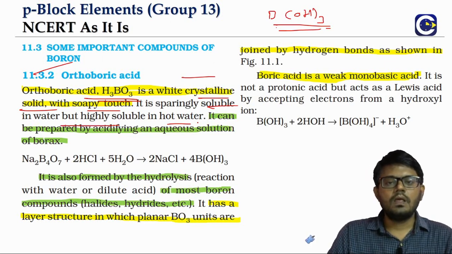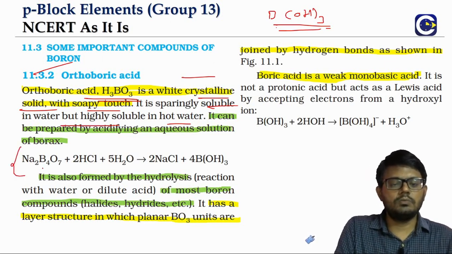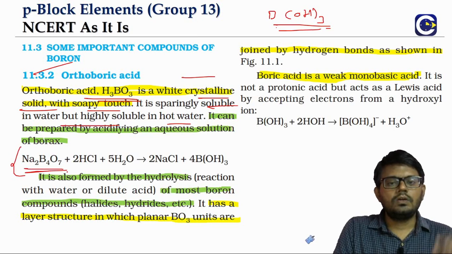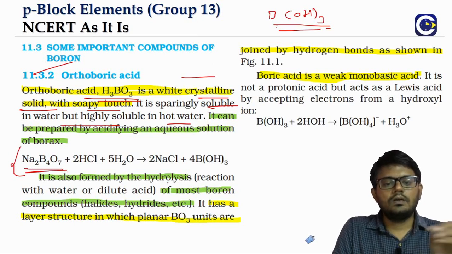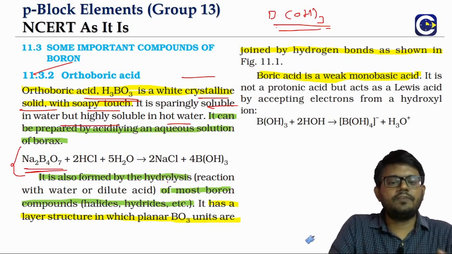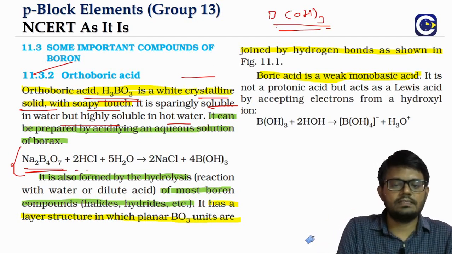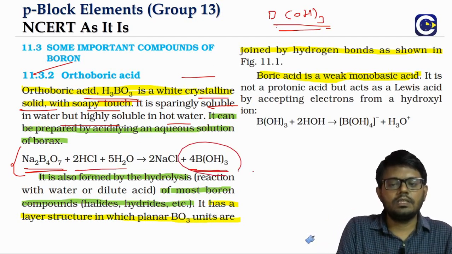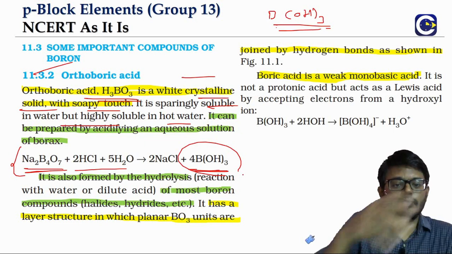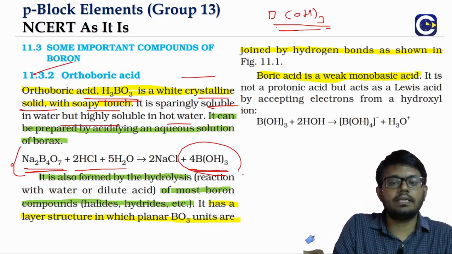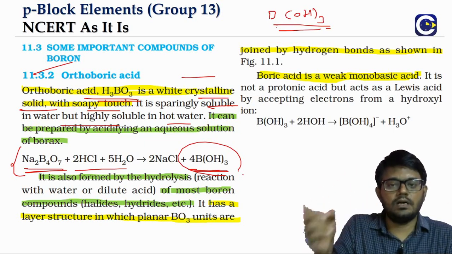How do we prepare it? We have already talked about it. So when you take borax and acidify the borax, if you take an acidified aqueous solution of borax, then we will be able to get the orthoboric acid. If you just take an aqueous solution of borax, we will be getting sodium hydroxide plus orthoboric acid.